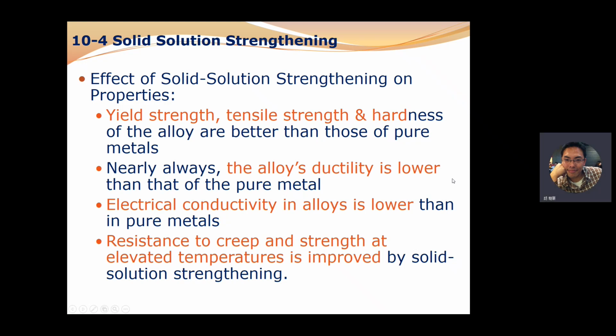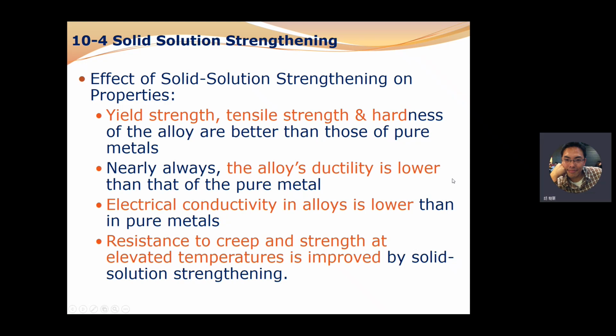So we have to find the balance between strength and thermal conductivity for the engine block. I'm not saying which one is better, but I want to emphasize that we need to find the optimum balance for your application.